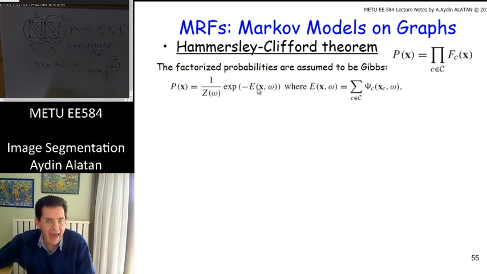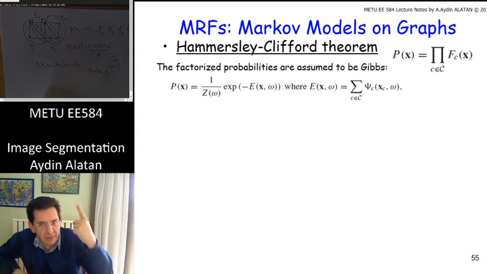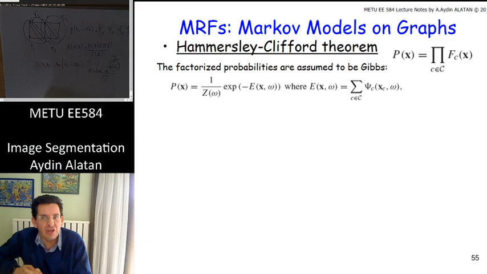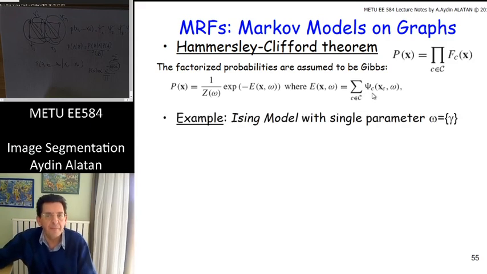There is an energy function, and that energy function is the exponent of the Gibbs. Since we are multiplying the probabilities in a factorized form, we are just summing the exponents using these energy terms, and those energy terms are defined within the cliques.